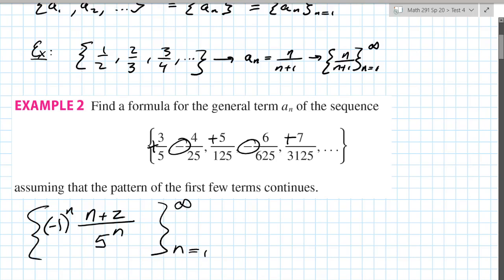No, not exactly, because if n is 1, then this would be -1 to the first. That would give me a negative number. How about now? Now if I have -1 raised to the n plus 1 power, now it works out, and the sign's alternating. Top is incrementing by ones, and the denominator is powers of 5.